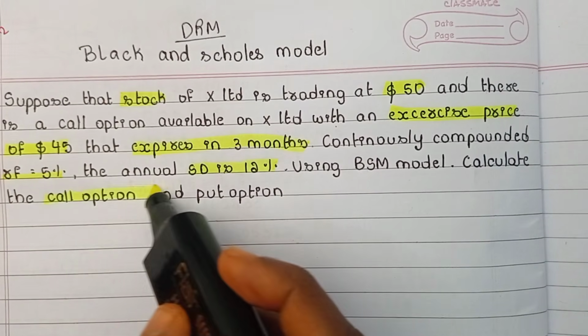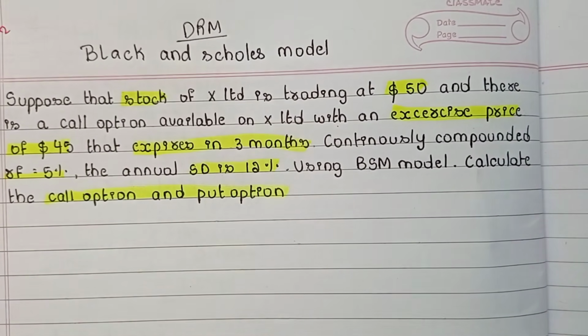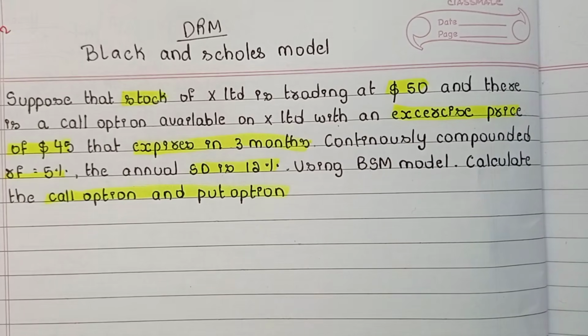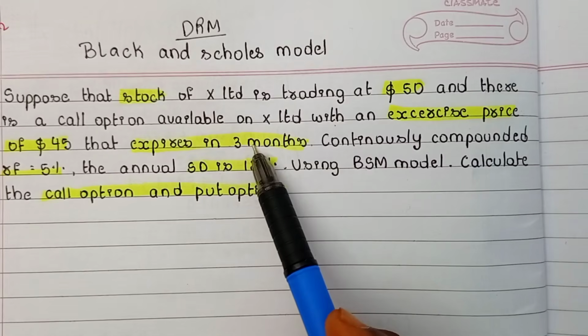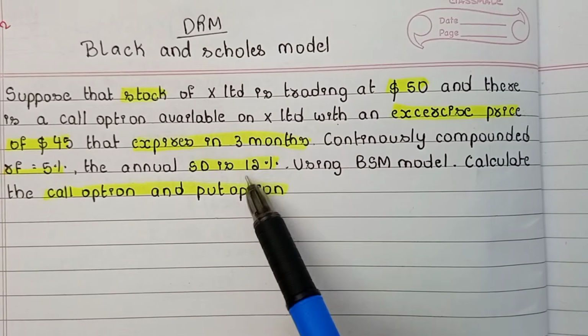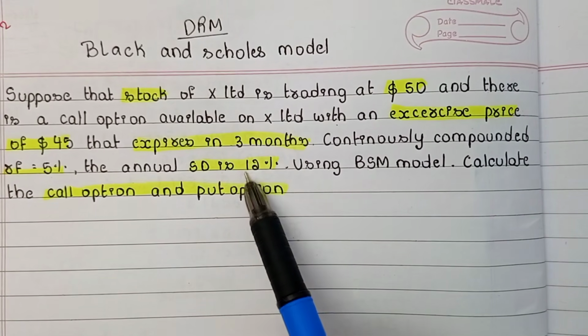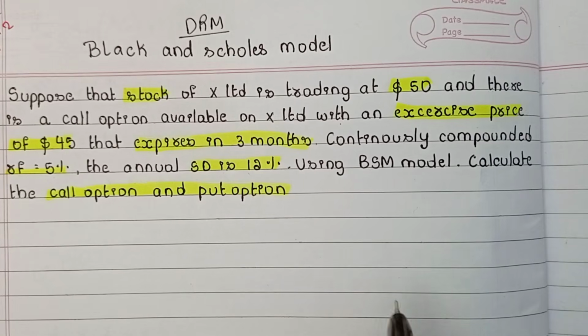In this question we have to identify the call option and put option. So stock price, exercise price, expiry or time, rate of interest as well as standard deviation are the most important things which you have to observe in the question.